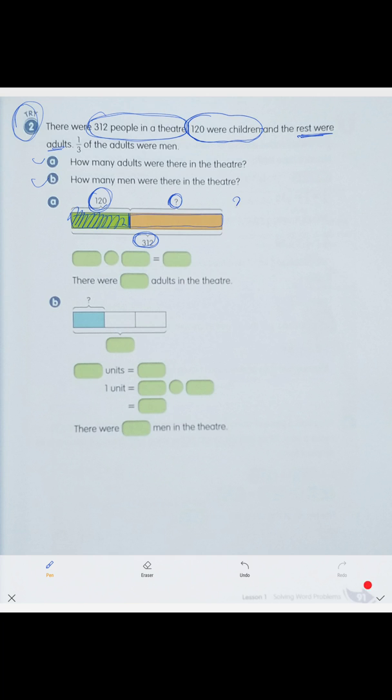So we are asking ourselves, how many adults? So what is this thing? 312 minus 120 is equal to 192. Again, as a sentence, the answer: there were 192 adults in the theater.